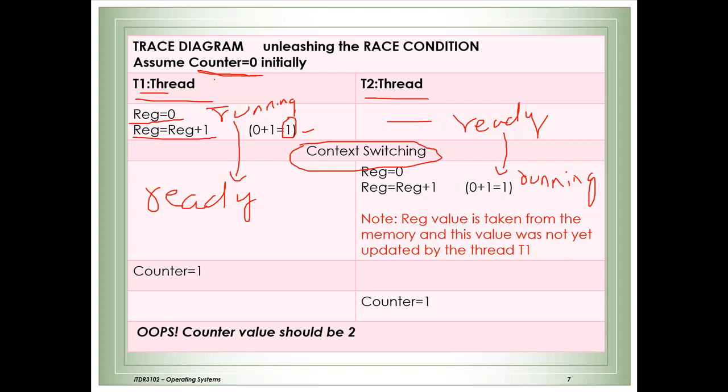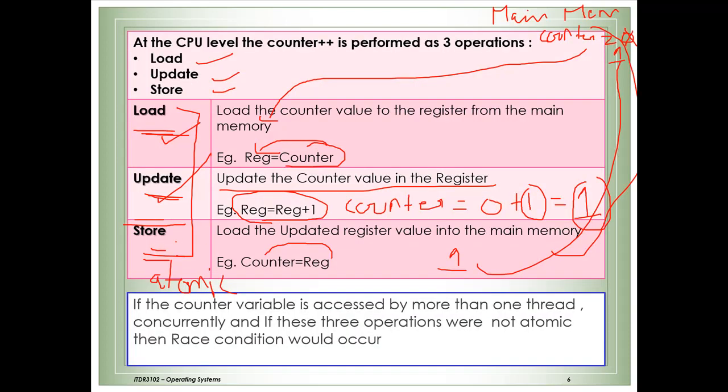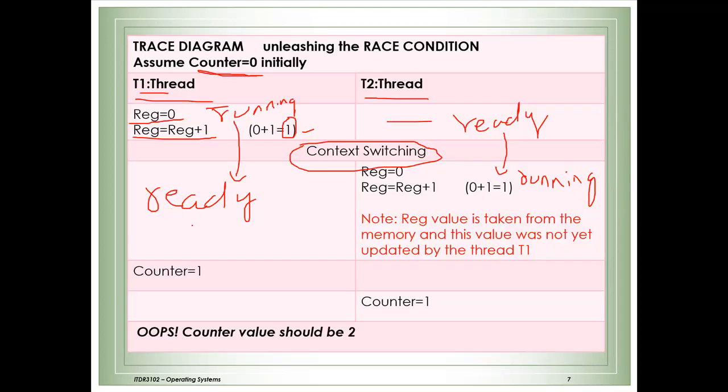Why? Because it would be updated at the memory level only when the third operation, the store operation, completes for that particular thread. And here the store operation has not yet finished for thread T1. So thread T2 is taking the counter value from the memory, and the memory value is the old value, not yet updated.